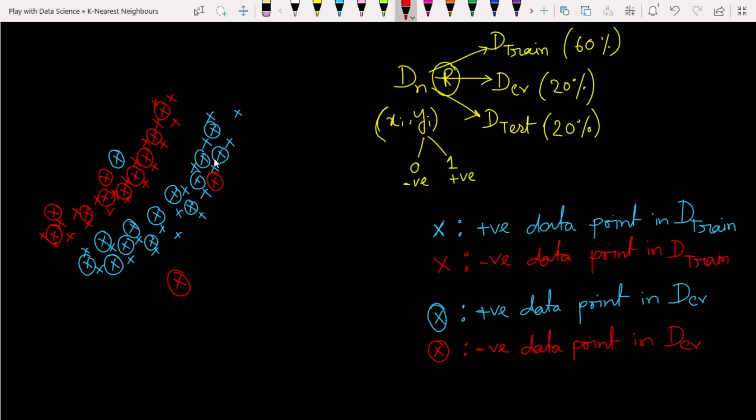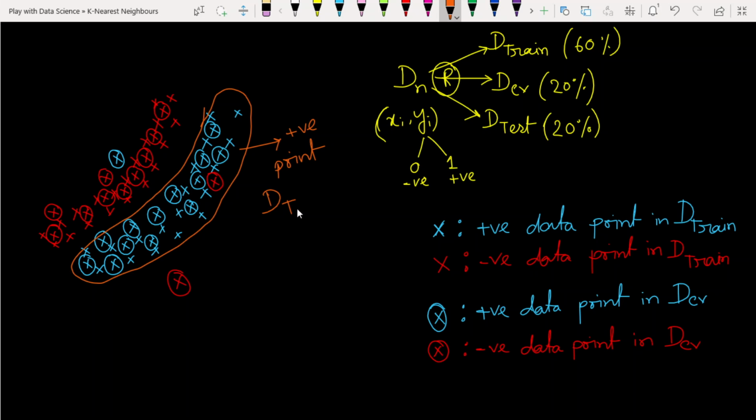These portions are the positive points from D train, and to identify clearly, I am separating this total portion with an orange color. This region is the positive points from D train and D cross validation.